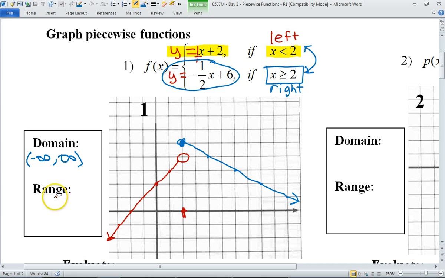No. Correct. She said, remember, bottom to top. So negative infinity because it goes downward forever. But at the top, it has a ceiling up here. The highest it gets is 6. So negative infinity to 6 included. All right, let's move on to number 2.